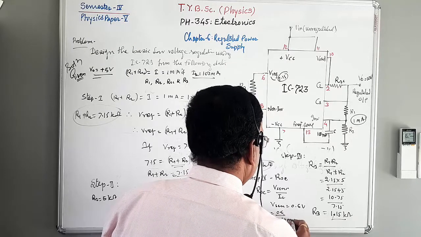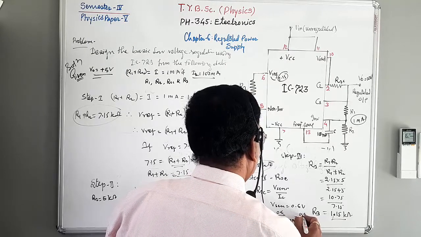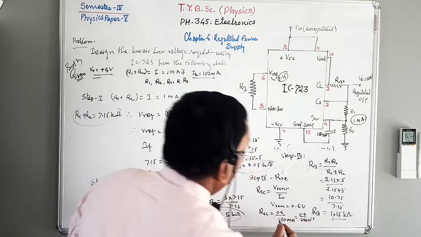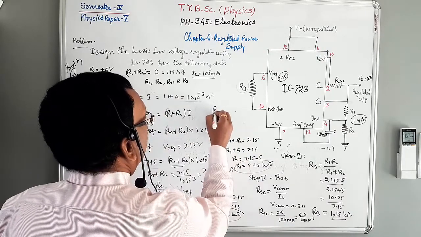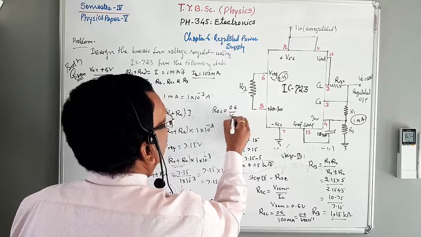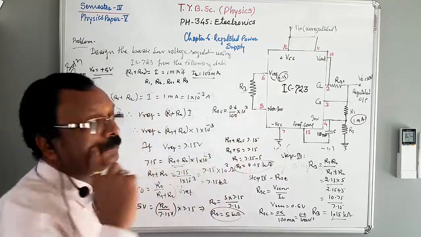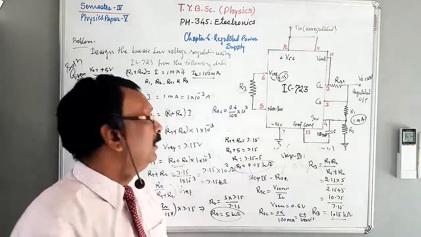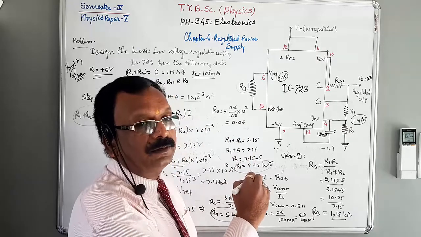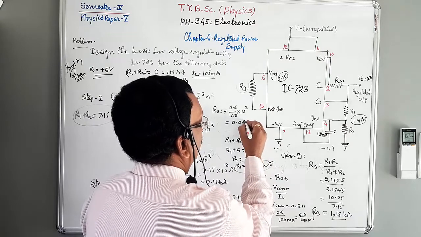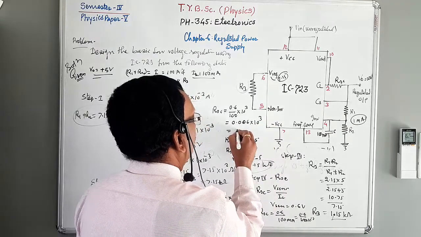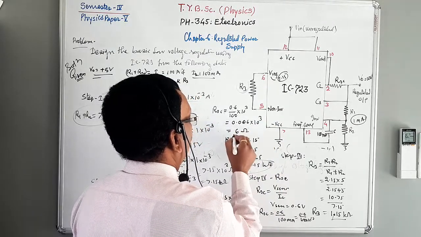So 0.6 upon 100 into 10 raised to minus 3 ampere. Solve this, and you will get 6 ohm.